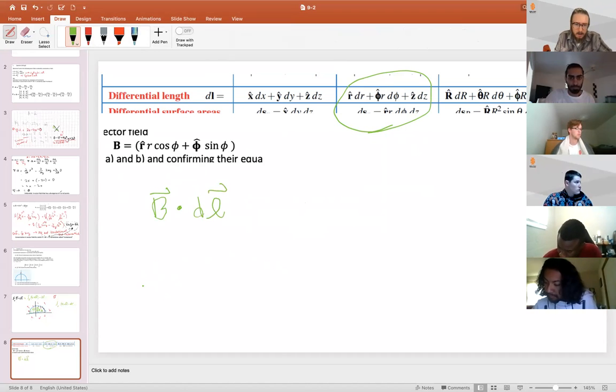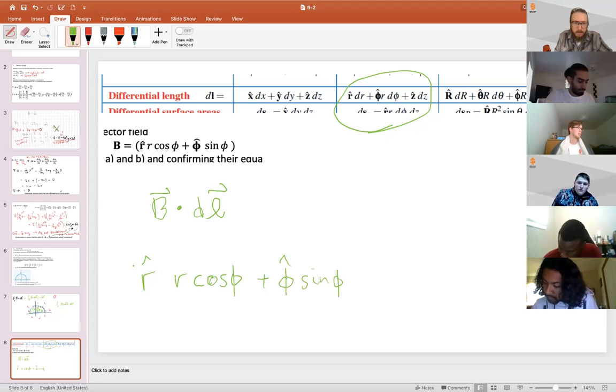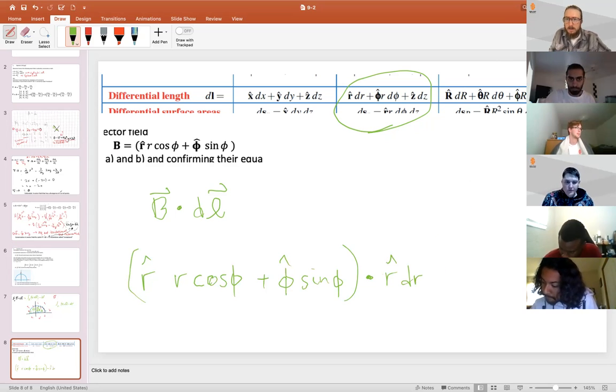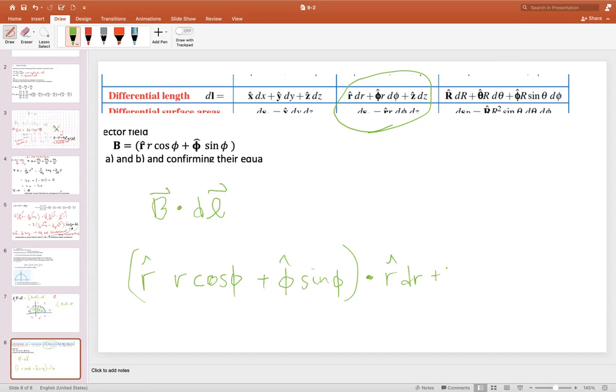You can take the dot product: R cosine phi is dotted with R dr plus phi R d phi plus Z dz.